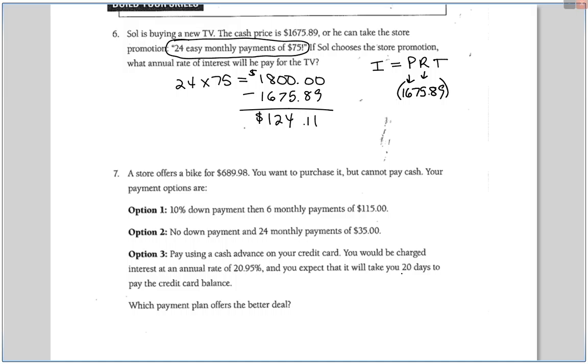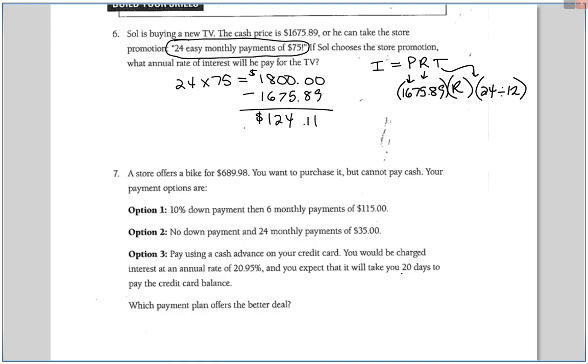The rate is I don't know. And the time we said was how much? 24 months? There's 24 easy monthly payments. So 24 divided by 12 because it's in months. What's 24 divided by 12? Yeah, so that's 2. That's 2 years, right? It's a 2-year loan.